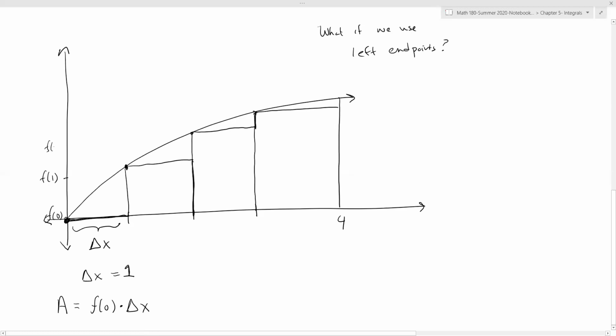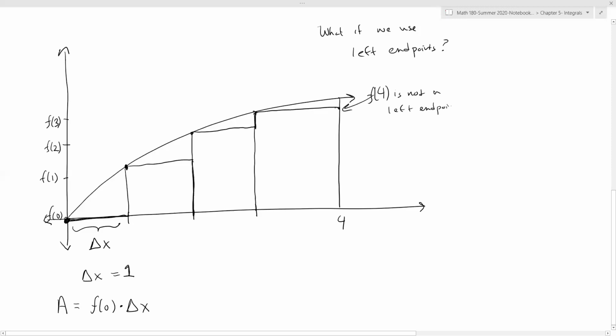This will be f of 2. This will be f of 3, and we're not going to use f of 4 now. So we started at 0 because that was our left-hand most endpoint, right? And then we went up through 3, okay, because 4 is not a left endpoint, or f of 4 is not a left endpoint.